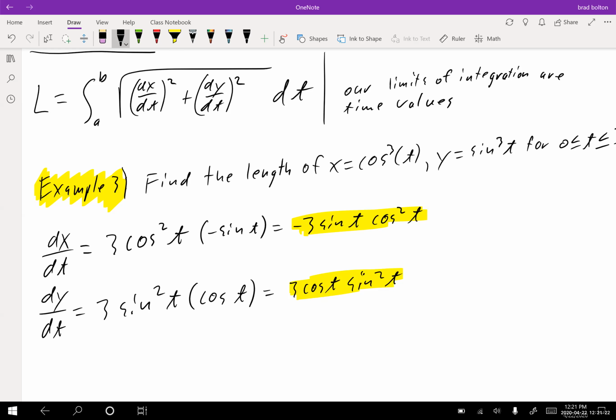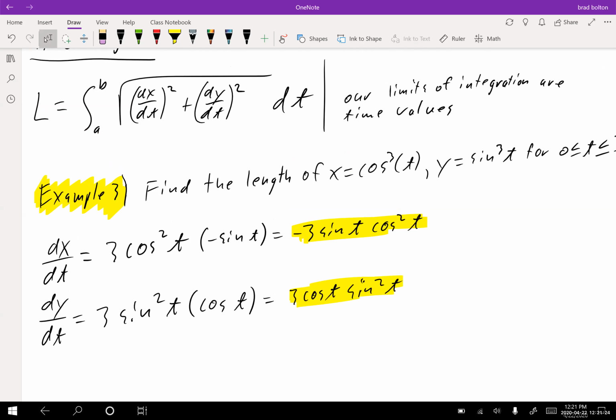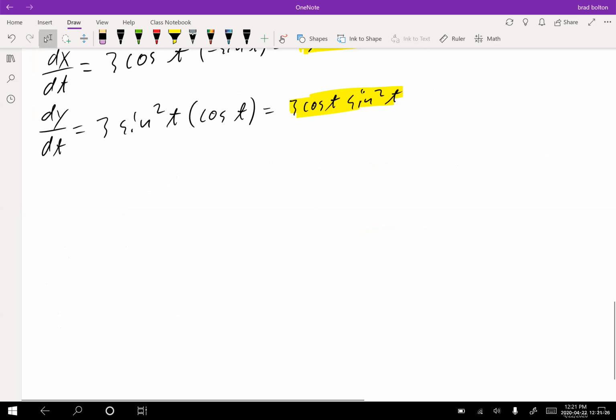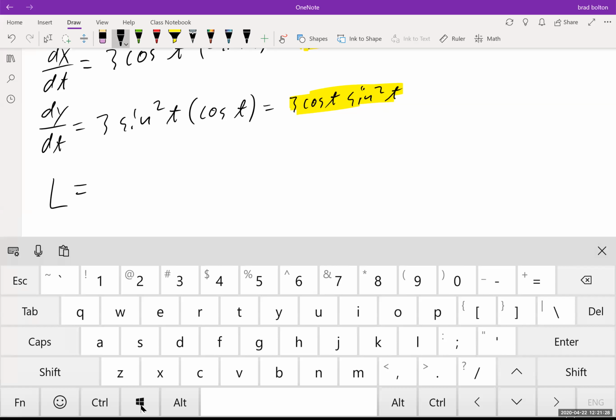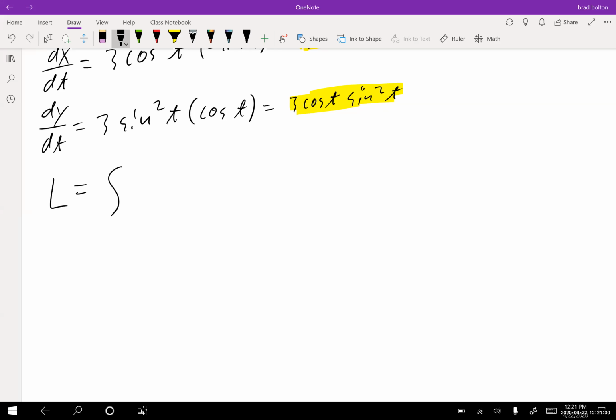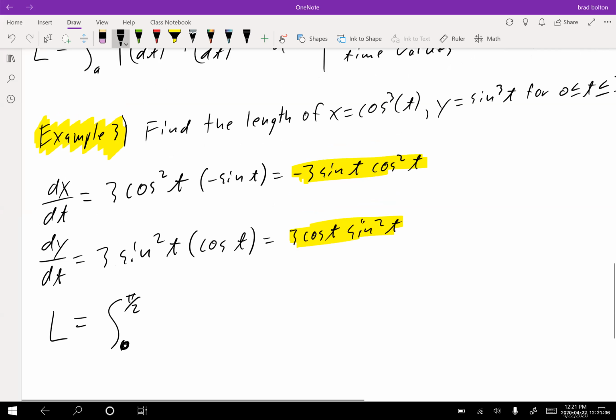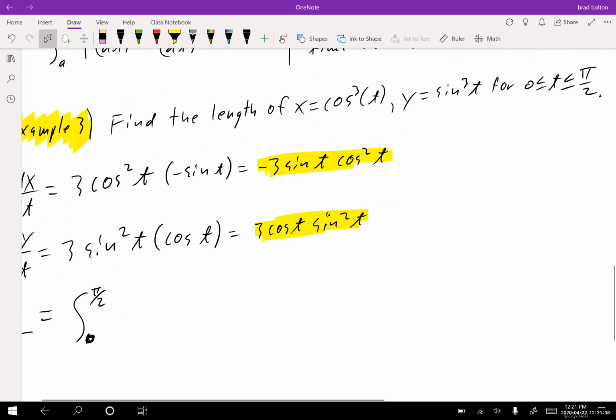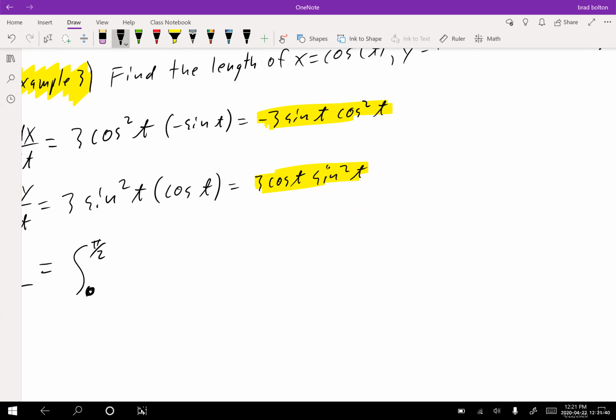So now we can come back, and it says that we plug these into the square root formula. So let's integrate these. It says L equals the integral from 0, the time interval given, okay? And then I am going to take the square root of dx/dt squared.